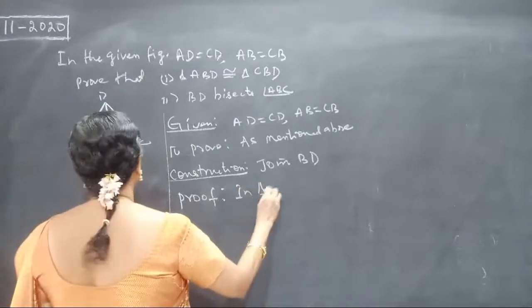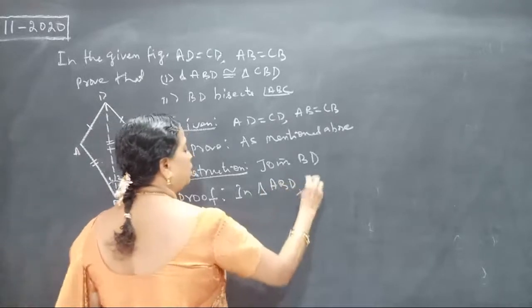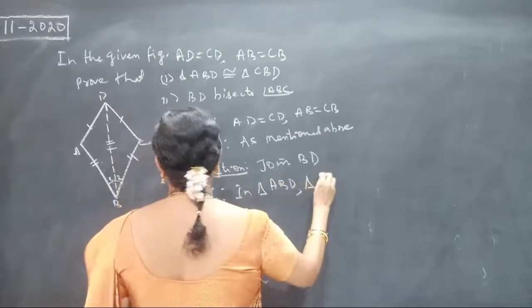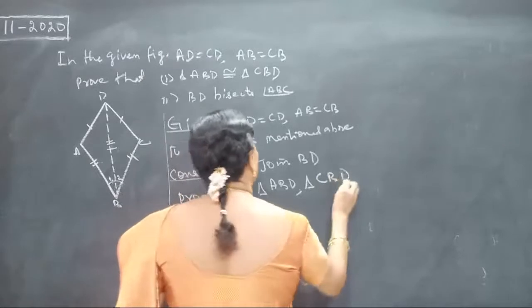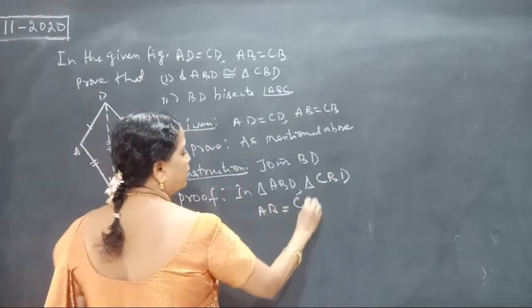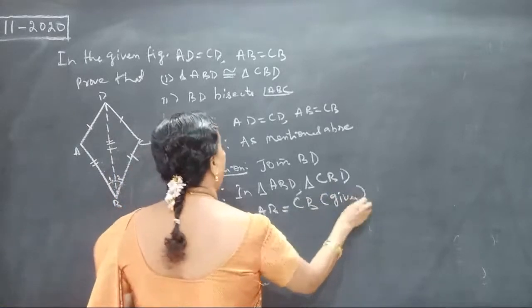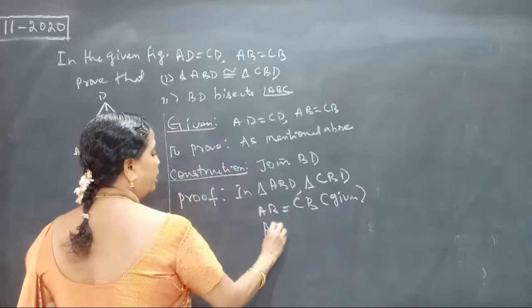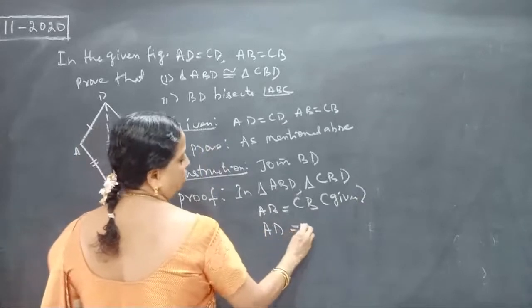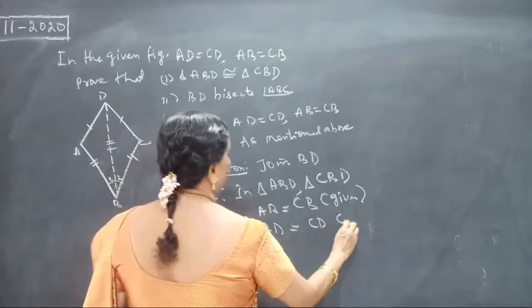In triangle ABD and triangle CBD, AB equals CB. It is given. AD equals CD is also given.